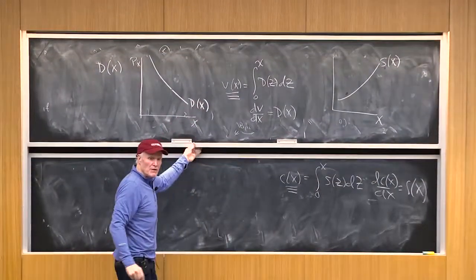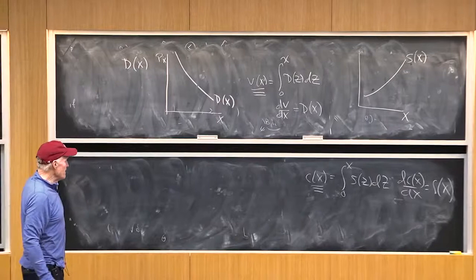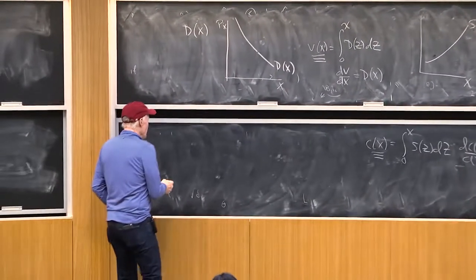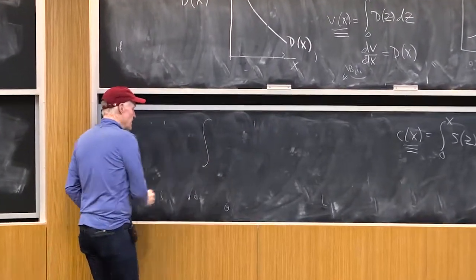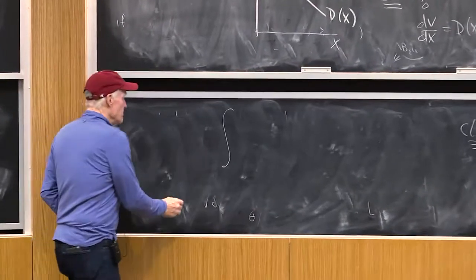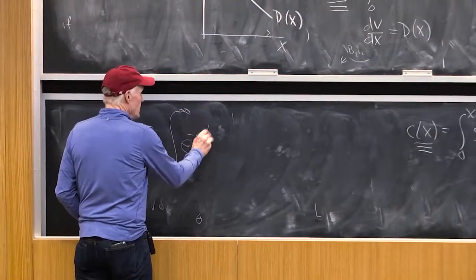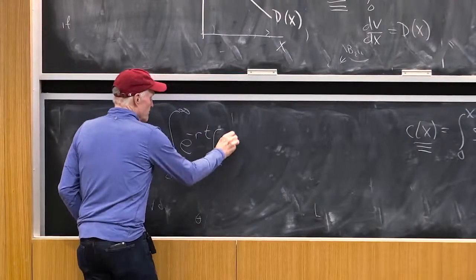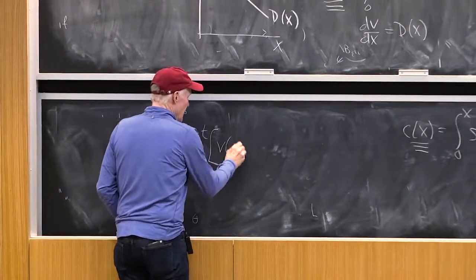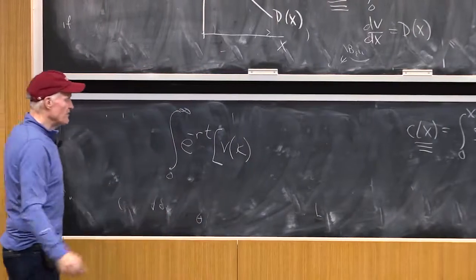And so then if I wanted to think about a competitive equilibrium, I could think of maximizing what you might think of as a total surplus: maximize the integral from 0 to infinity of e to the minus rt times v of k, if that's the capital stock at day t.